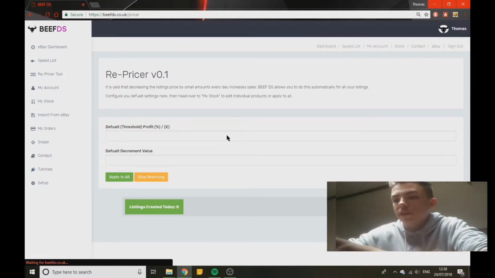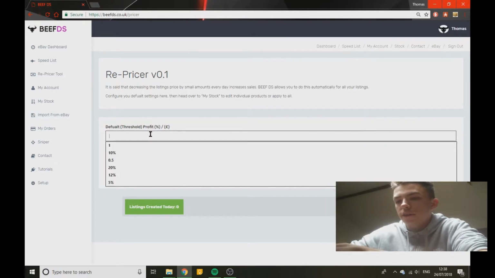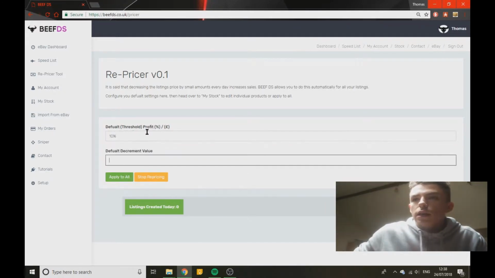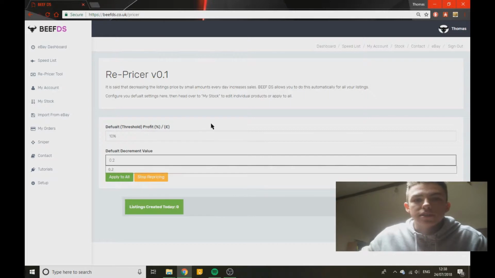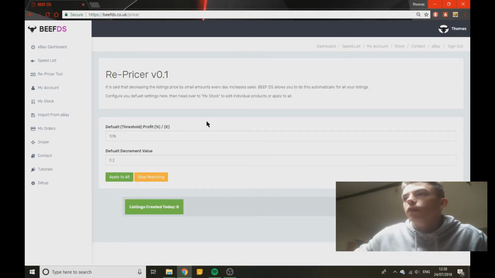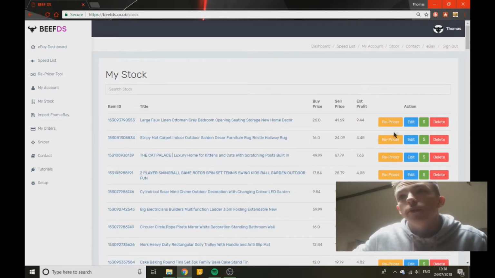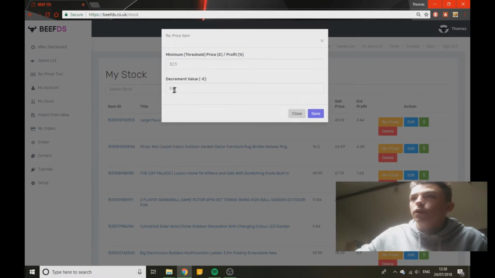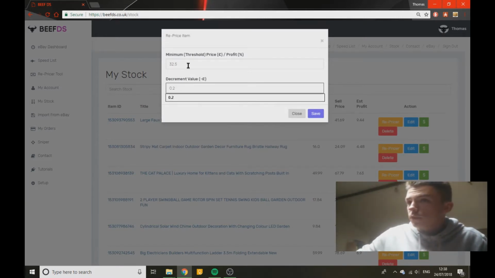So if we set that as 10% and the decrement value is 20p, it will then load the 10% value into every single one of our listings, and you can edit the individual decrement values and minimum thresholds for each listing.